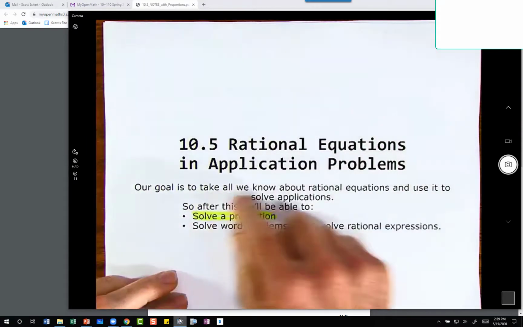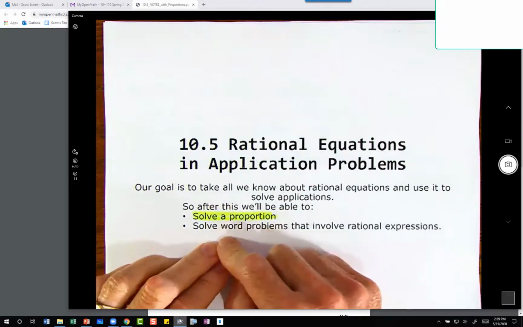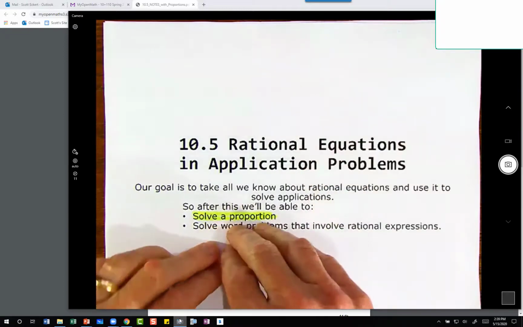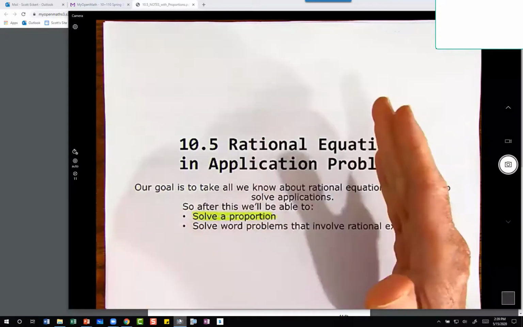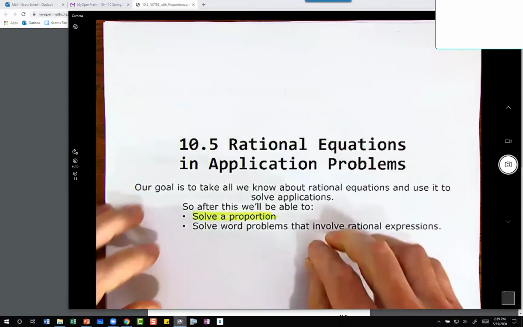That's a proportion, and she has to use these fraction equations to do that. Cooks that do recipes, read a recipe book and it makes a serving for 6 people, and you're having a party and you got to serve 20 people. That's a proportion. You got to scale that by an equation to solve it pretty simply, but it's an important kind of equation. So I've got 2 goals here.